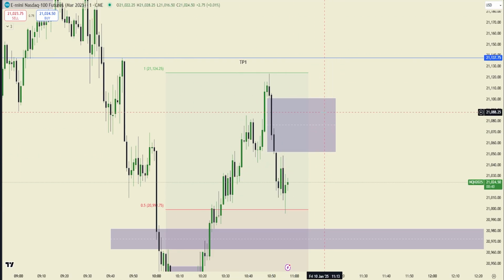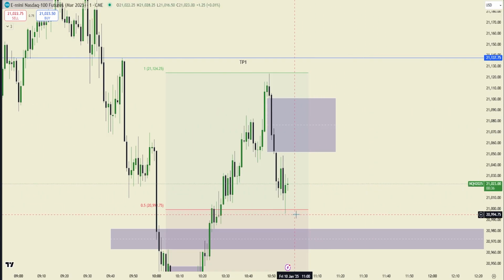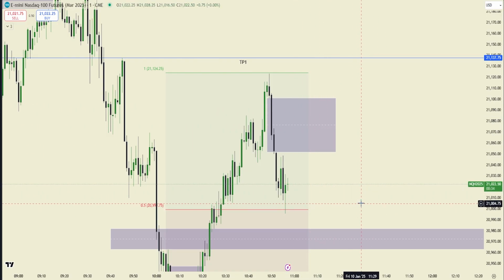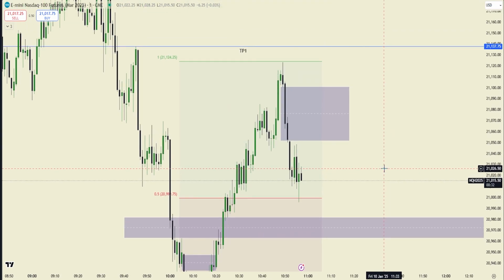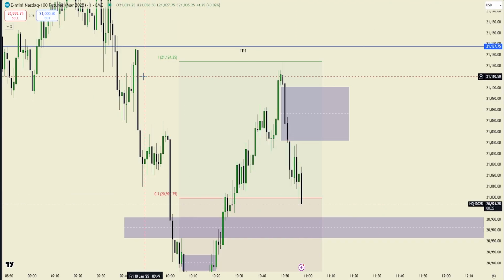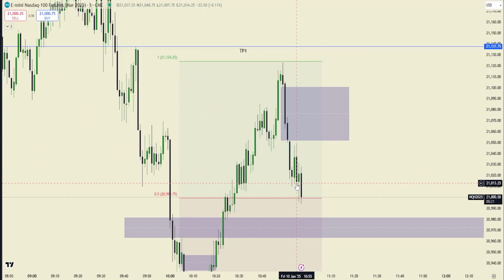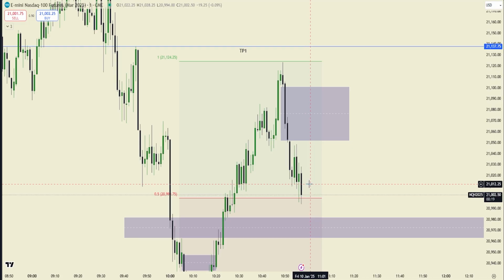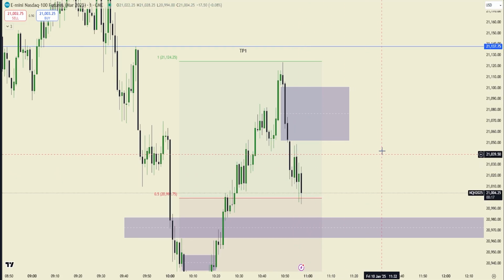So yeah, still no OB put in there. We did wick equilibrium there of the up move. I'm watching Enki right now. We didn't put in the OB because for me, in order to qualify it as an OB, we need to see it close below the wick and not just the body.